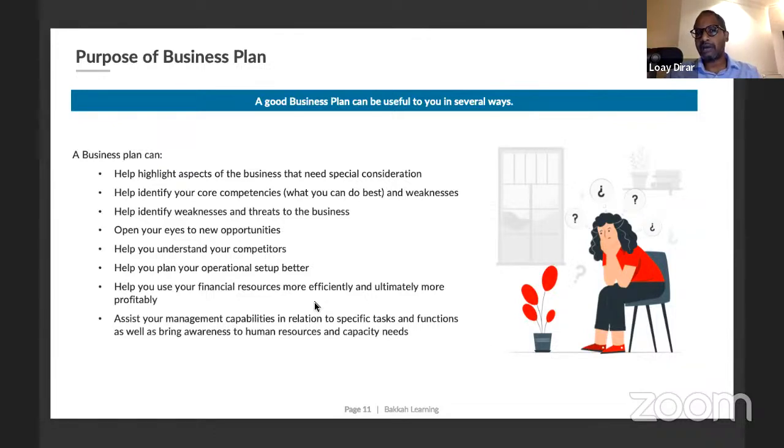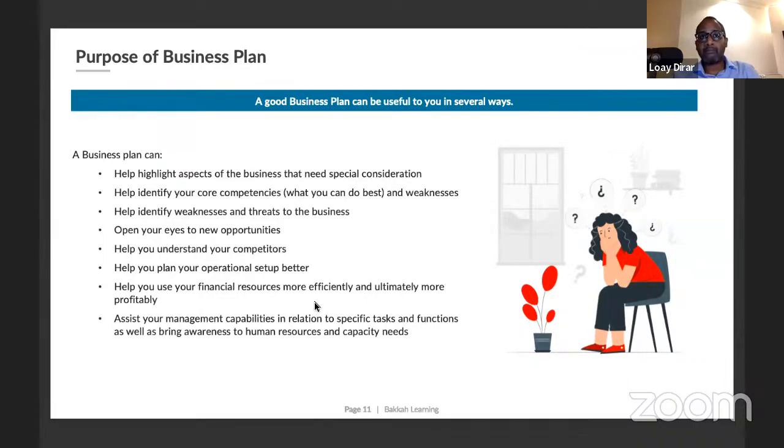When you start drafting a business plan, it's going to help you explore new opportunities in which your business can invest or become a market leader, understand your competitors, and plan your operations in a better way.